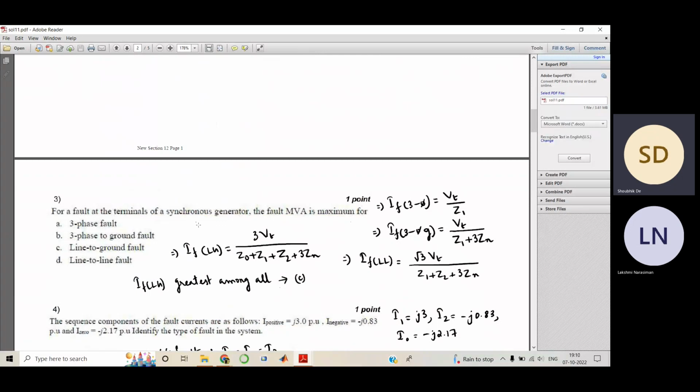Now, if I consider the fault to have happened at the very end, some far away point on the transmission line, then your line to ground fault won't be that severe, because you have a considerable amount of reactance adding up.